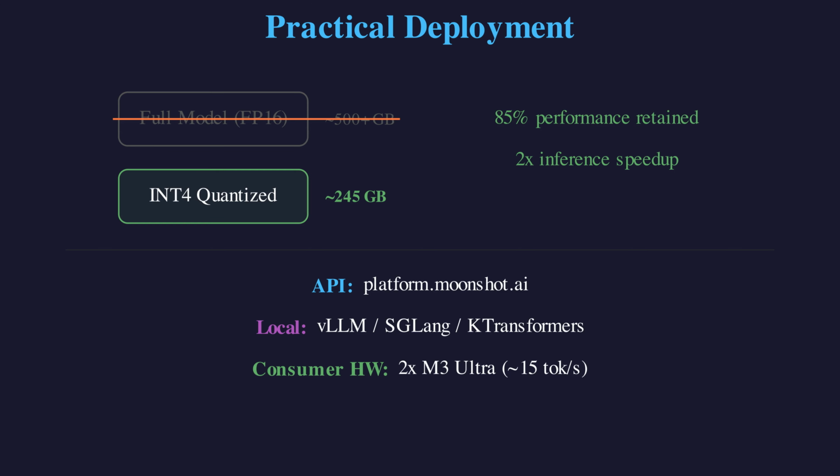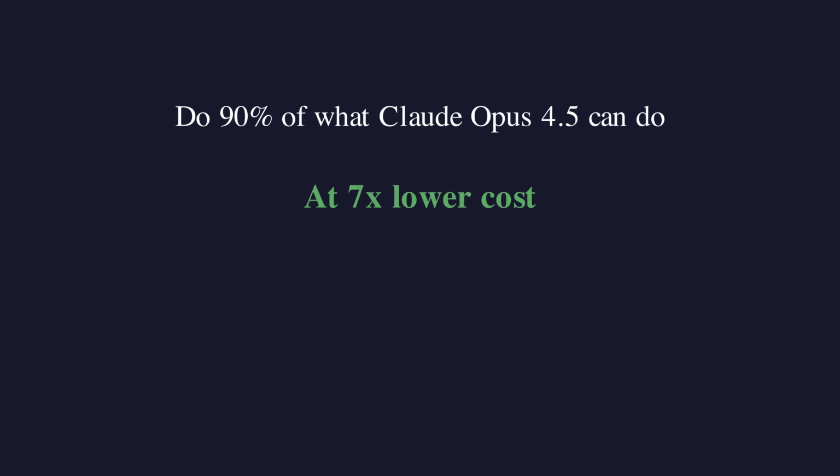And two M3 Ultra Macs connected together can give you about 15 tokens per second, which is usable for real workloads. The bottom line is that you're getting roughly 90% of Claude Opus capability at 7 times lower cost, with fully open weights and open code under a modified MIT license. For the vast majority of use cases, this is the obvious choice.